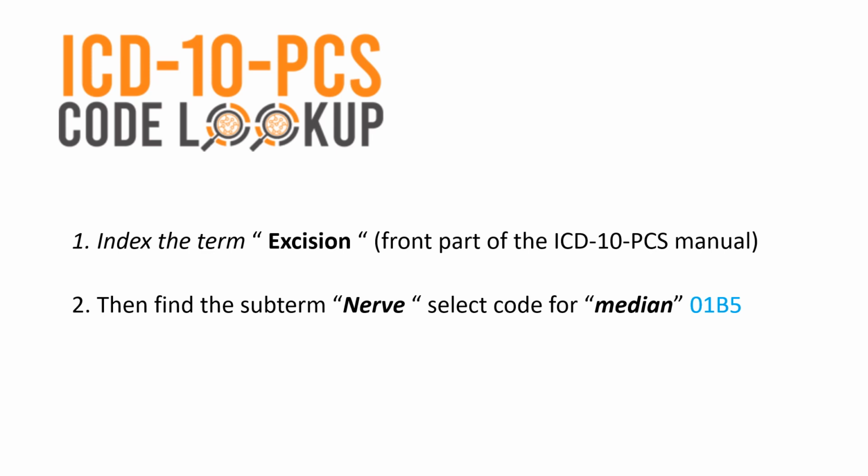Once excision is found in the index, the coder looks for the subterm, which is nerve, and then selects median nerve from the list. That gives us 01B5. So now we have 4 characters of our code, which is 01B5.